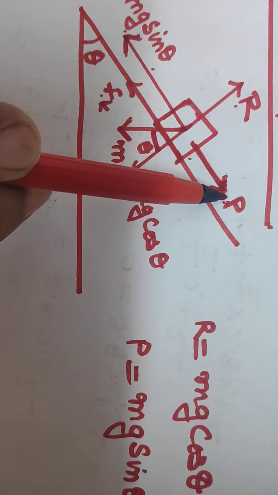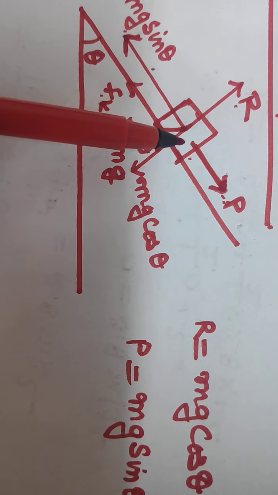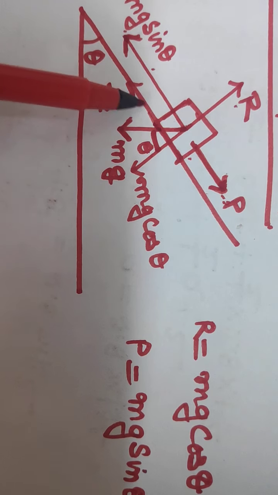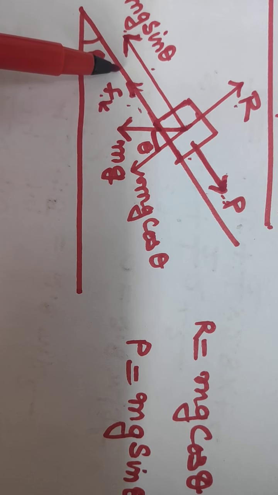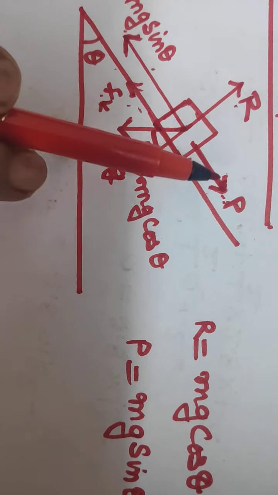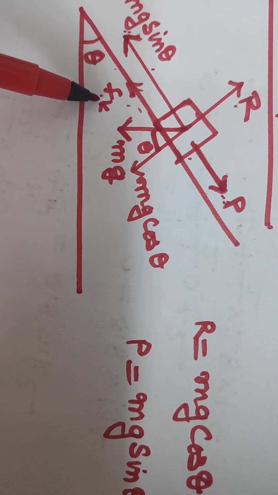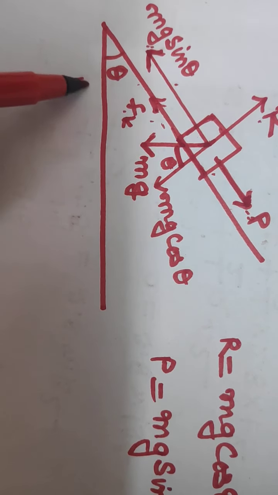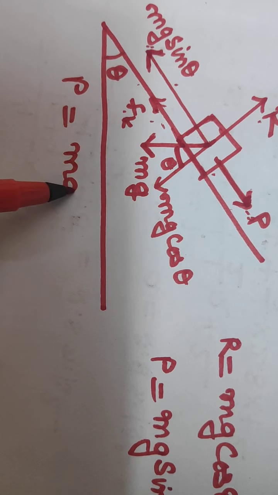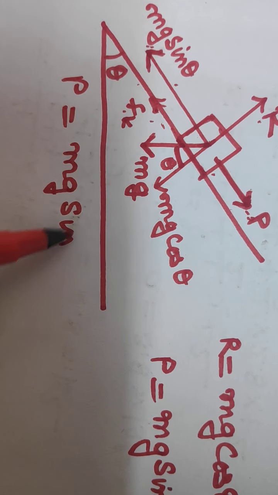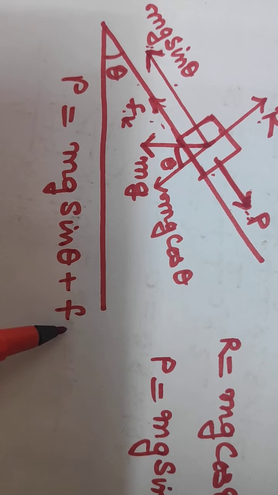Because we are applying force in the upward direction and the object is moving upward, the force of friction will act downward. So P equal to mg sin theta plus Fk. This is very important.